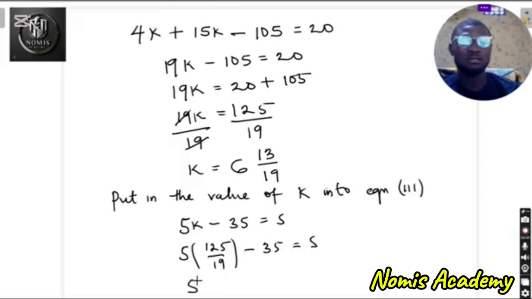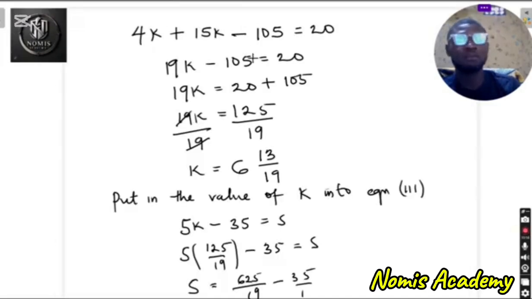So our s is equal to 5 multiplied by 125. So 5 times 5 is 25. 5 times 2 is 10 plus 2, 12. And then 5 times 1 is 5 plus 1 is 6. So s is equal to 625 divided by 19 minus 35 over 1.